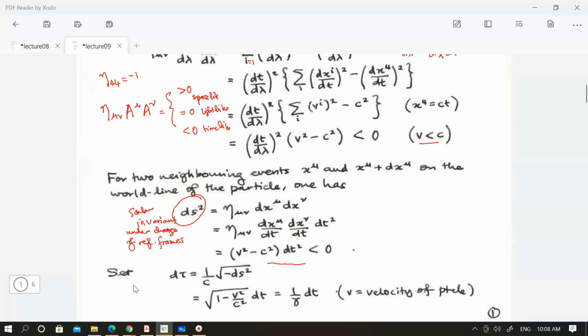So this negative quantity is a scalar, and it doesn't change when you change reference frames.